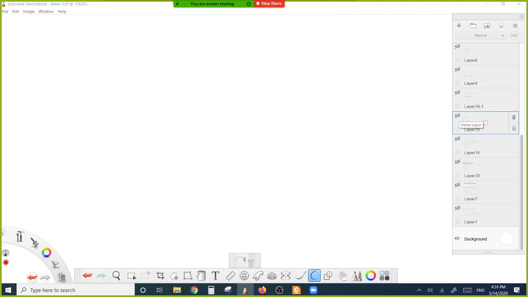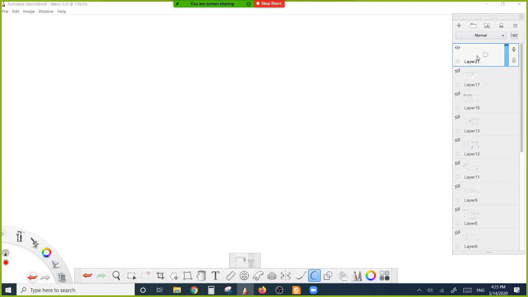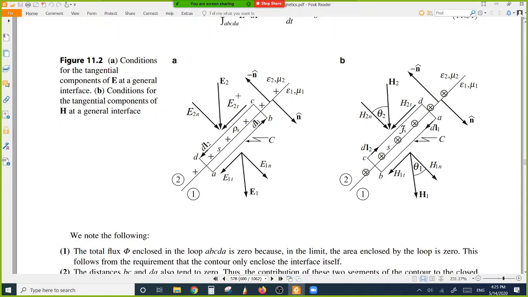Okay, now let's try to derive the interface conditions for the electric field. Well, let me copy the drawing.